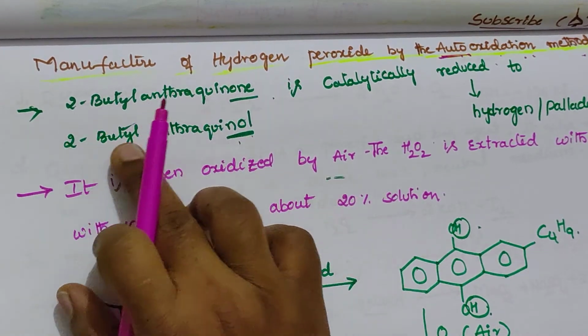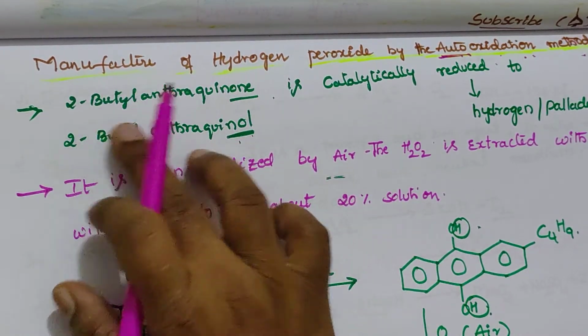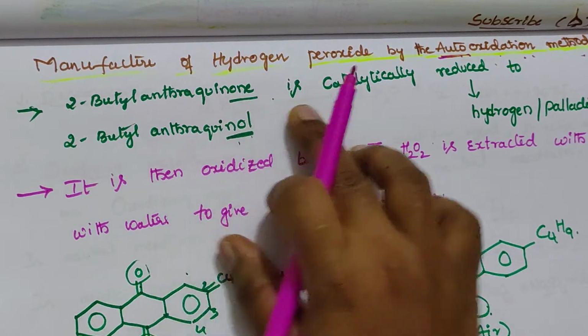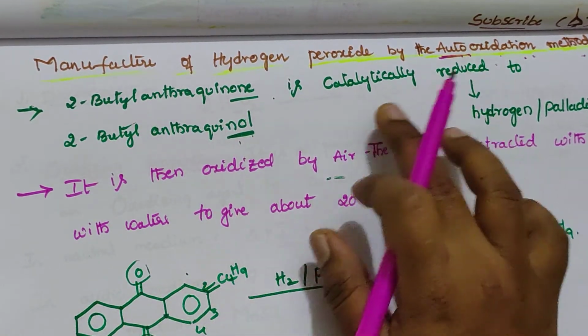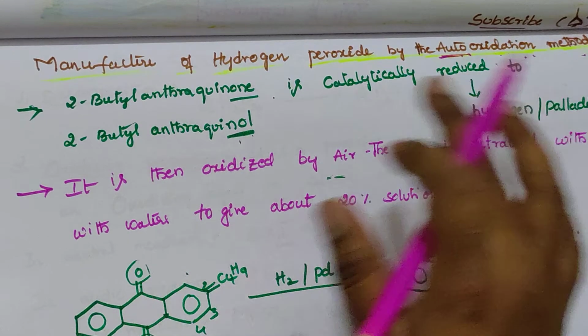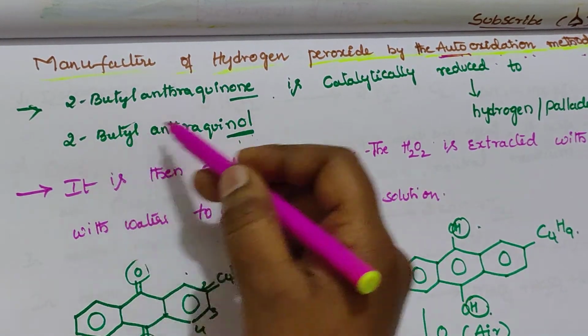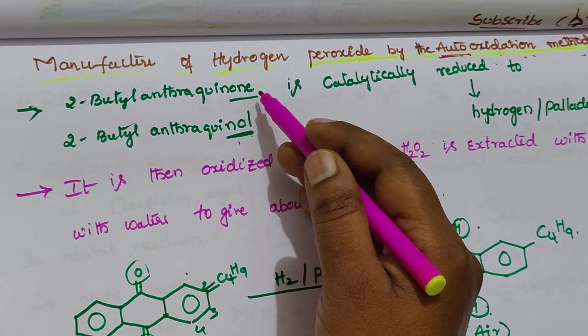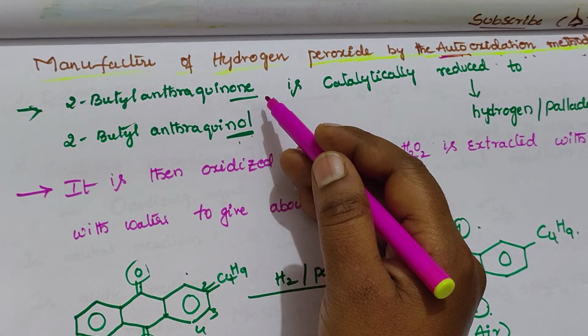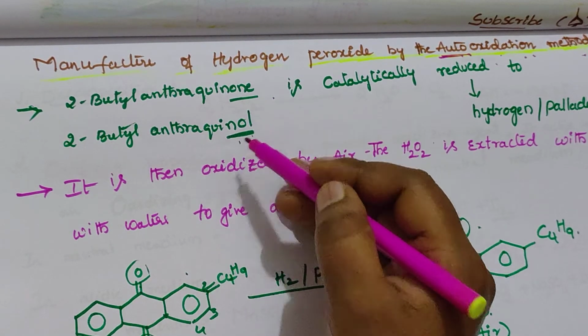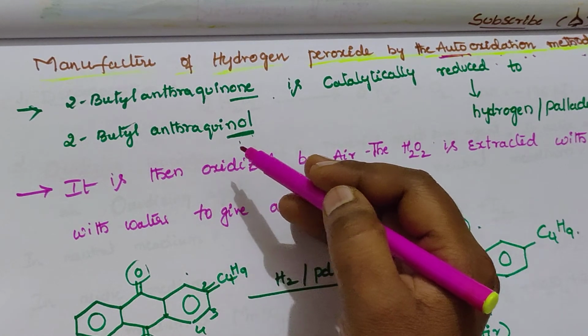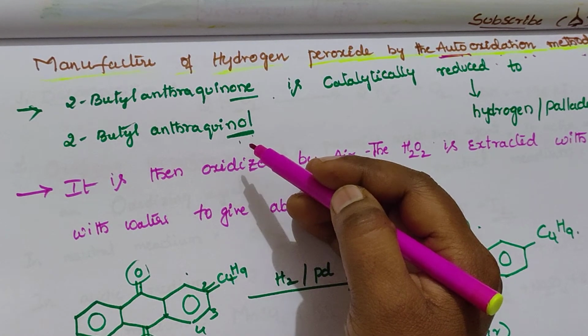The hydrogen peroxide is prepared from 2-butyl anthraquinone, which is catalytically reduced to 2-butyl anthraquinol. What happens in this reaction?